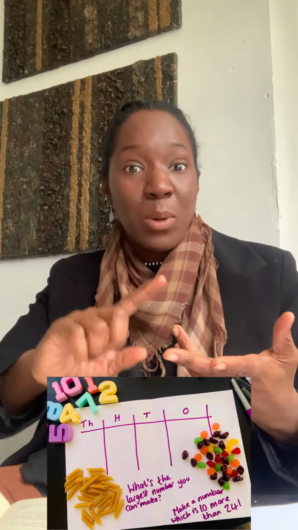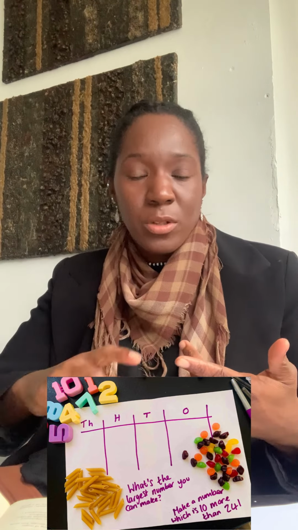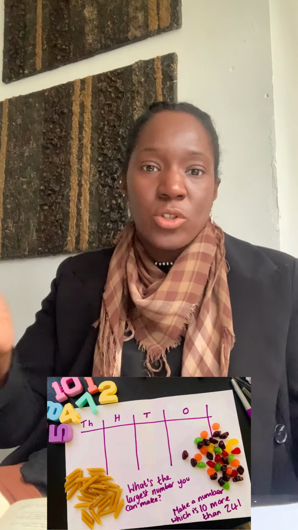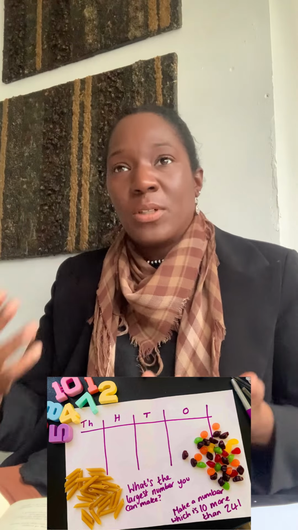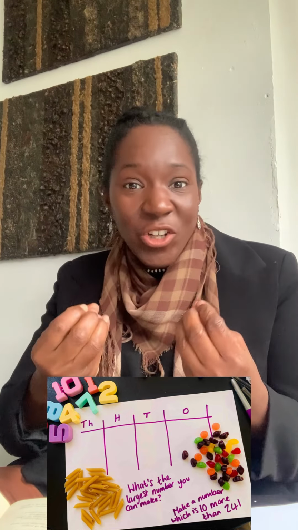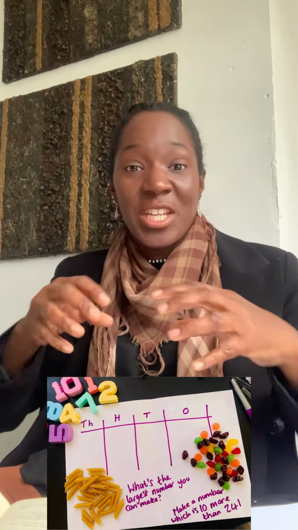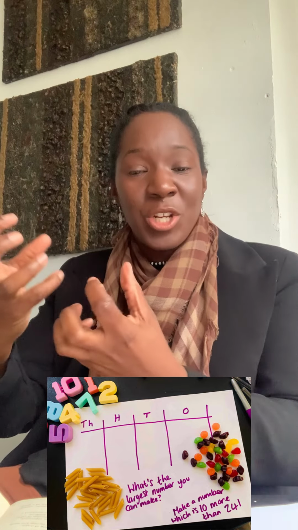Concrete basically means them having tactile objects to manipulate. So they may have dice, beans, blocks, marbles. Okay, maybe not the marbles because depending on their age, choking hazard, but anything tactile that they can actually move around, so they can see how the numbers work.